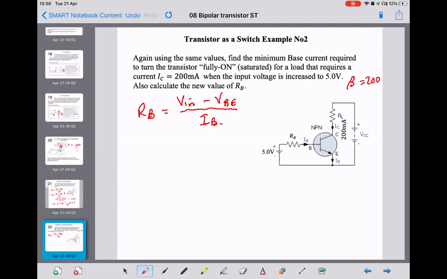So we know that beta is IC over IB. Therefore, IB is IC, which is 200 times 10 to the minus 3, over 200.